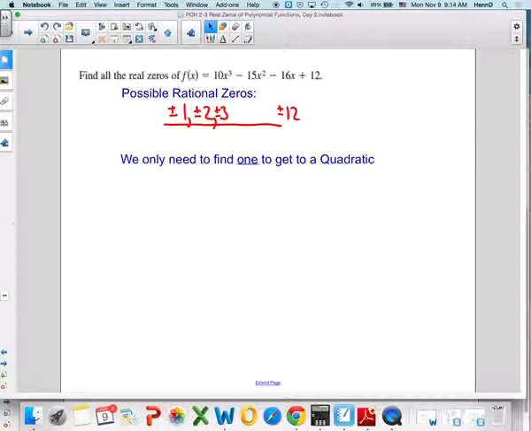You got 4. Fit them all in. There we go.